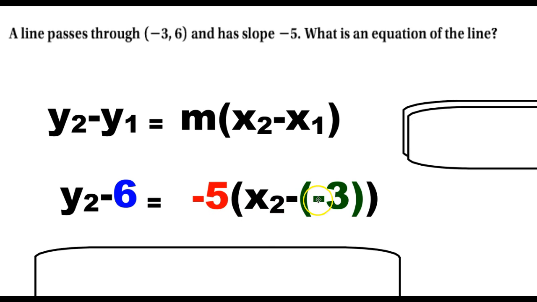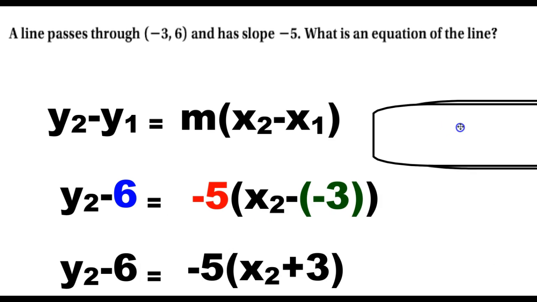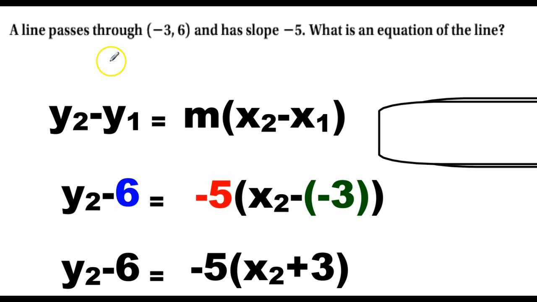When you see minus negatives, we need to change it to plus positives. And that's really the only spot we see that. So our equation becomes, we can drop the subscripts actually. I didn't do that ahead of time, but I'll rewrite it out here. So we get y minus 6 is equal to -5 times x plus 3.